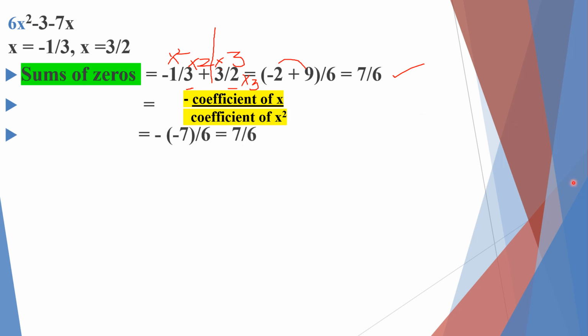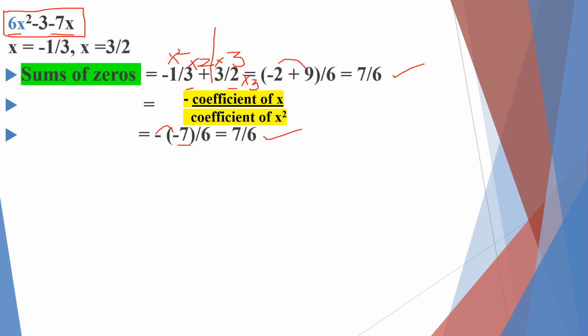The coefficient of x is minus 7. So minus of minus 7 divided by the coefficient of x square, which is 6. Only in this equation we are going to consider and check whether we are getting 7 by 6. Minus into minus is plus. Have we got 7 by 6? Yes, we have verified with the zeros as well as with the coefficients in the given equation.